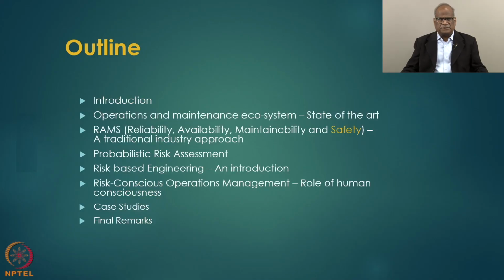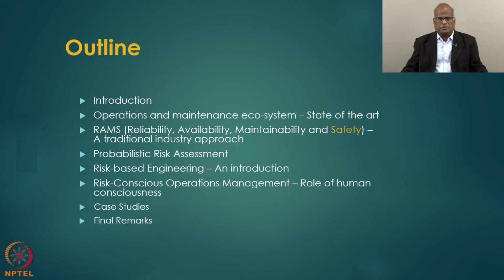The outline of this particular module is like this. First we will introduce the topic, then the operations ecosystem, the typical features that we will try to understand, and then how reliability and safety were being addressed over a period of time.